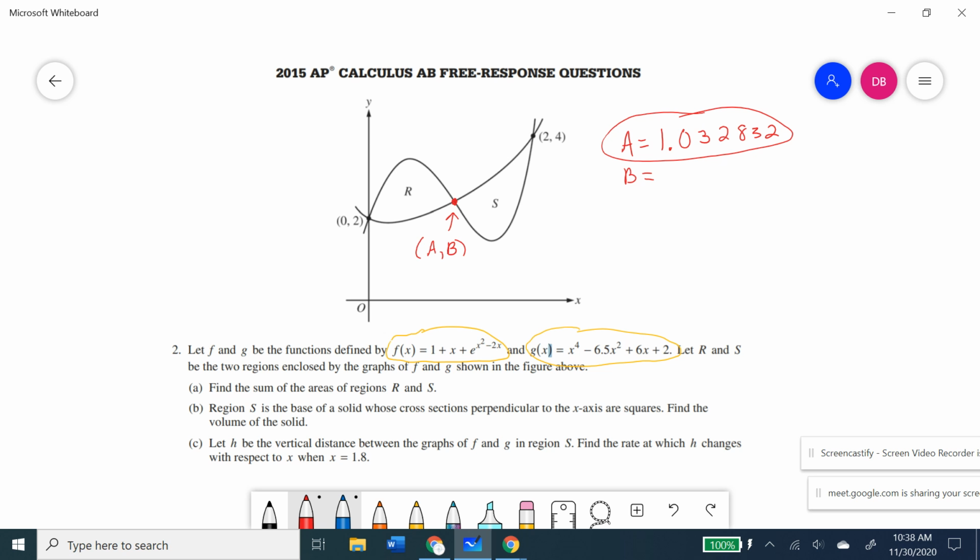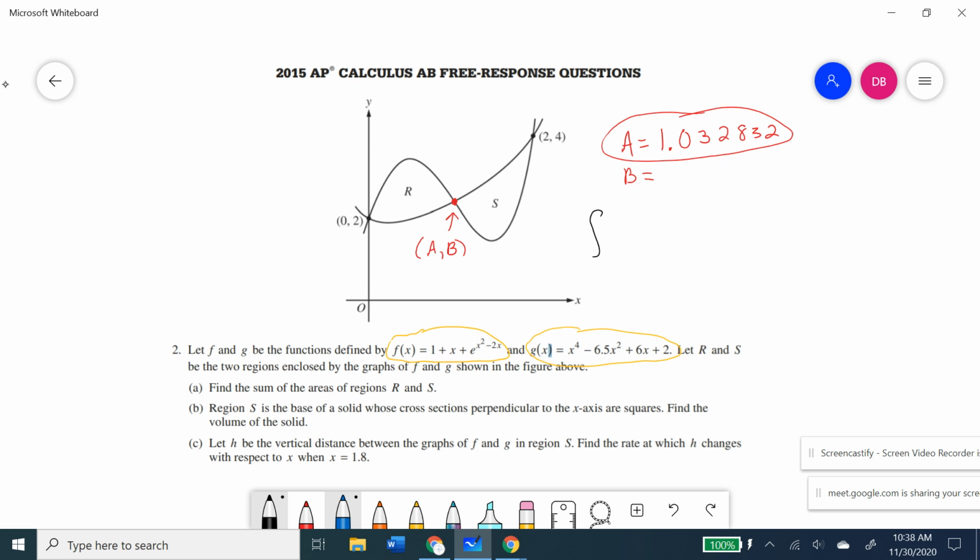Okay, now they want you to find the sum of the areas of the regions. You have to write an integral without using absolute value, and they need to see that you properly know the subtraction order.